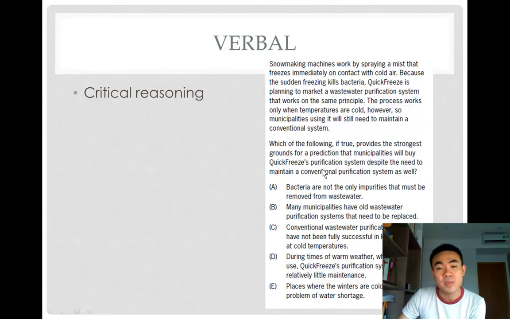For example, you will be asked which of the following is an assumption made based on the argument, or which of the following may cast the most doubt on the argument above, or even which of the following will strengthen the argument above.